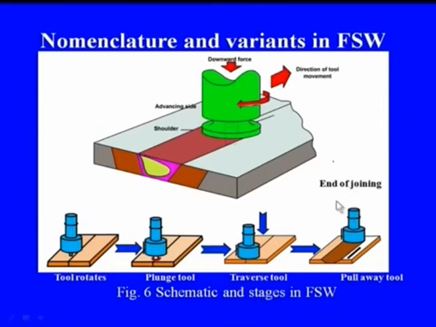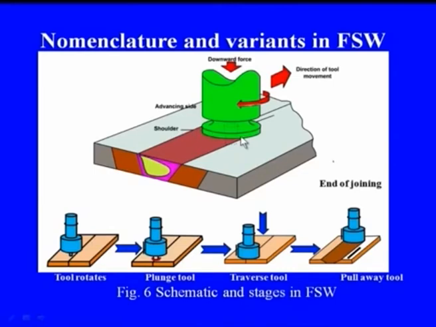The RPM as well as the rate at which the tool is being advanced, these two are very important factors as far as the joint efficiency is concerned. Then the configuration of the tool might also affect to some extent, and the material of the tool.